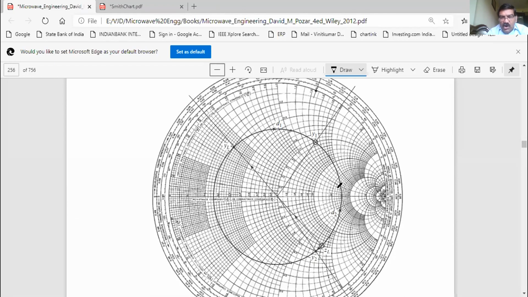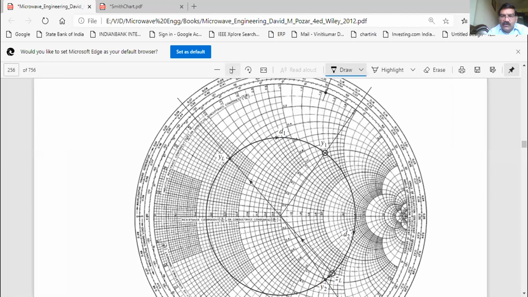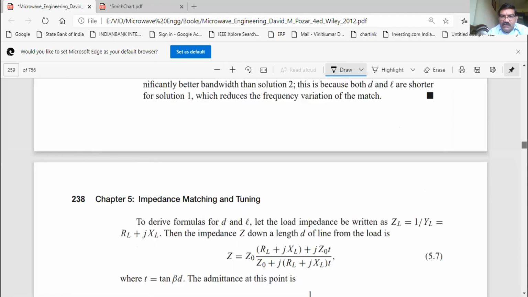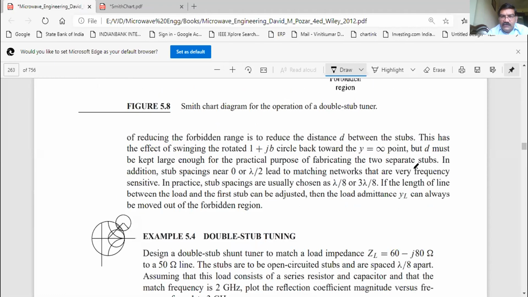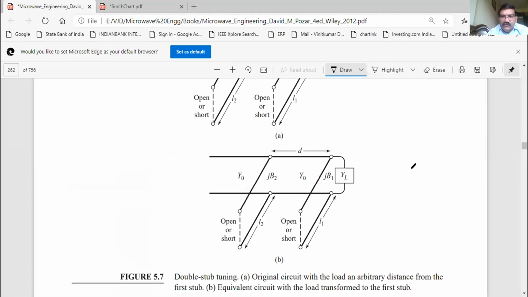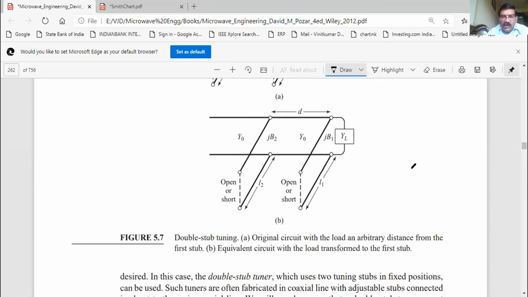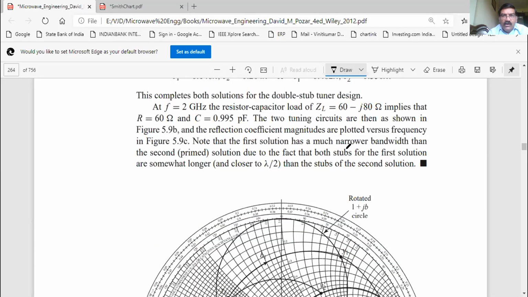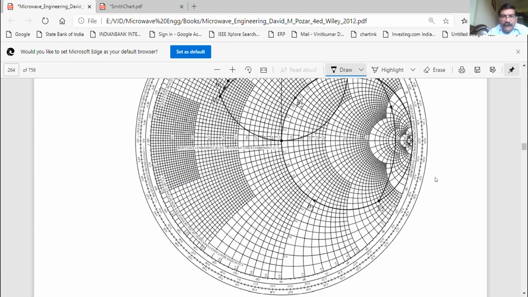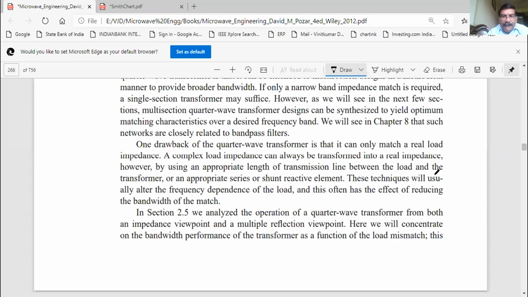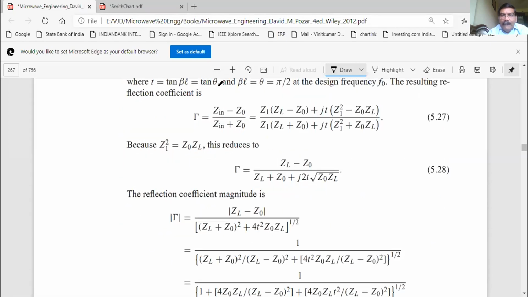You have to draw this circle as you got the YL.